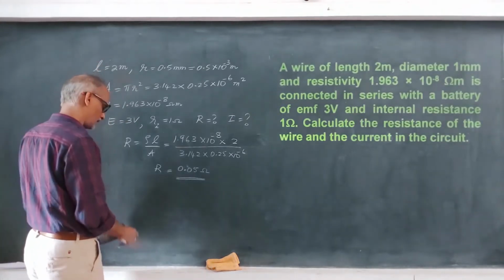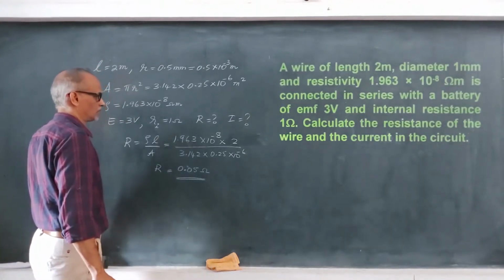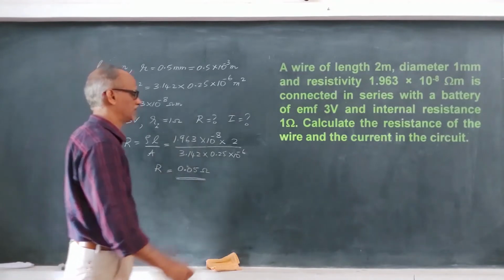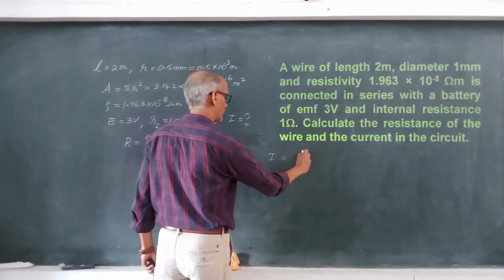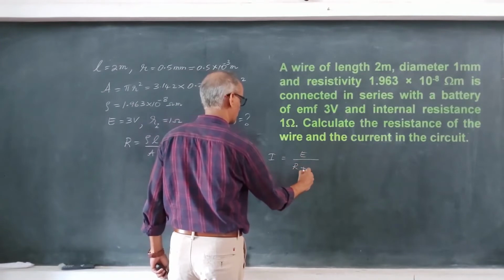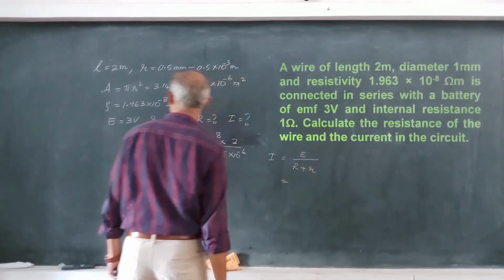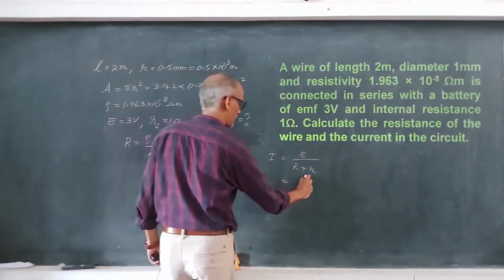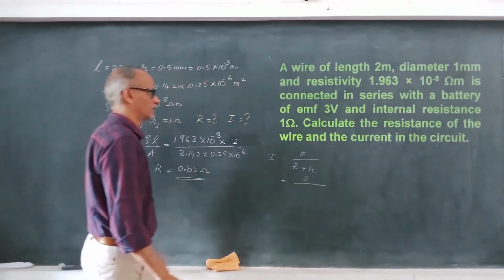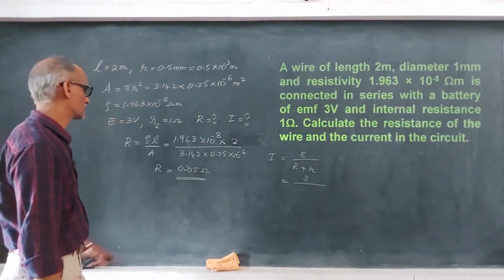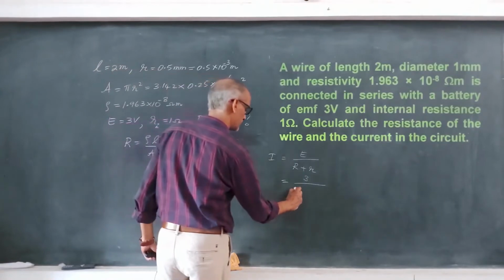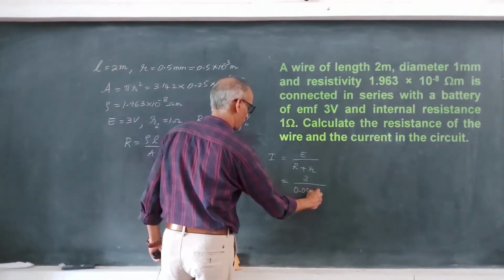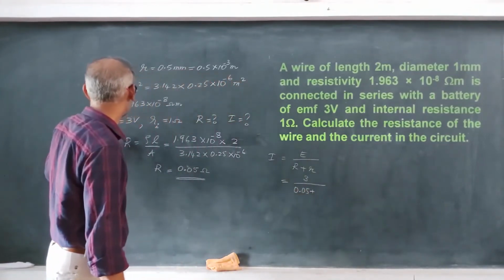Now how to find the current? I is equal to E by R plus r. So EMF value is 3 volt. Then external resistance, we have found it here, 0.05, plus internal resistance is 1 ohm.